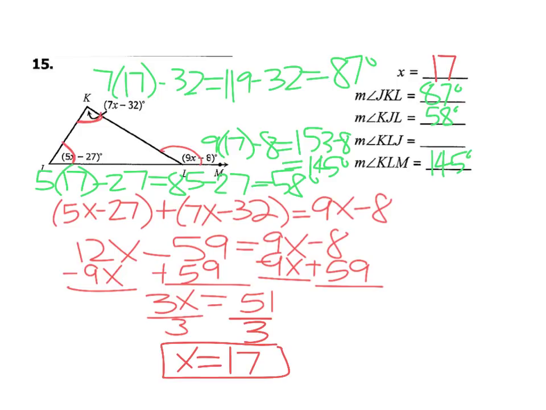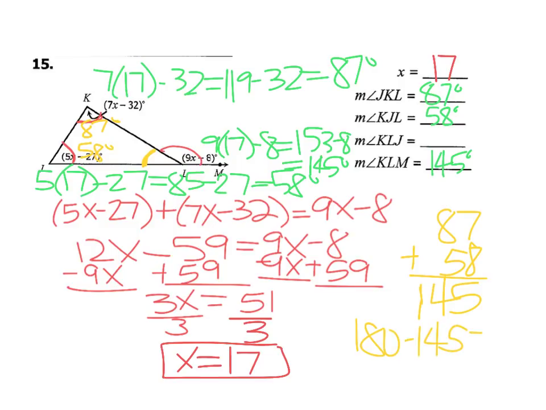Now if we want to find the measure of KLJ, that would be this angle right here. We know the exterior angle is 145, so we do 180 minus 145, and that's going to give us the measure of that angle.